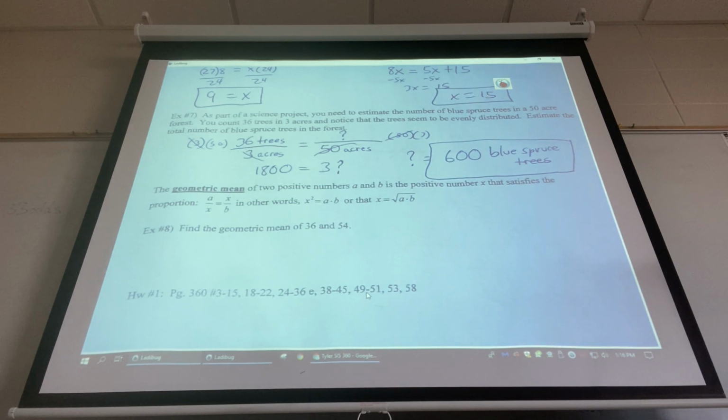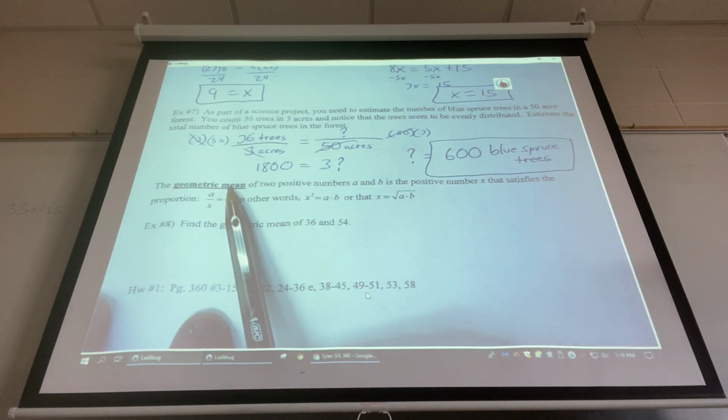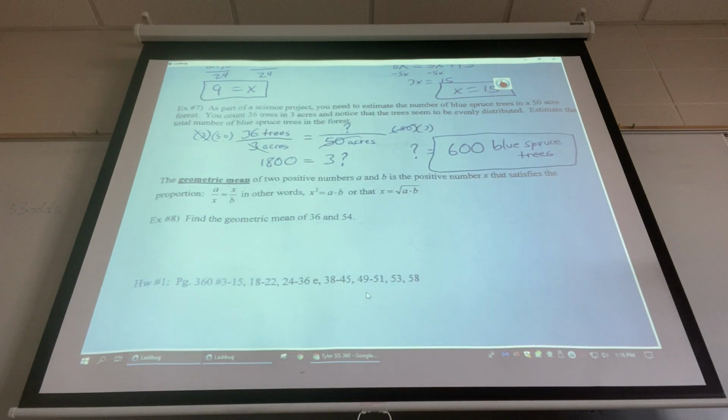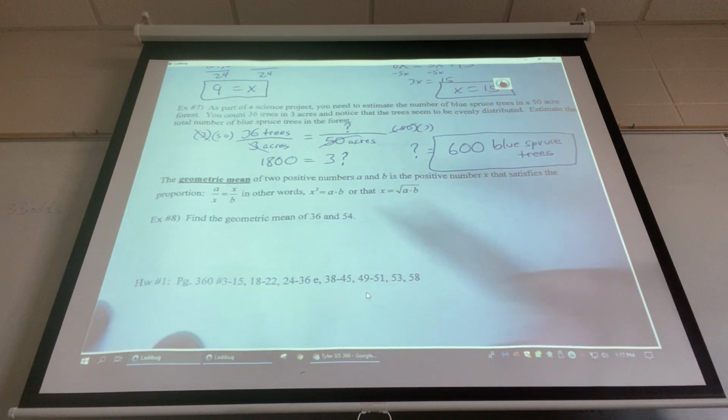Okay. Next up is something called geometric mean. Now, have you guys heard of geometric mean before? Yes. No, okay, all right. Well, I honestly didn't hear much about it. I think I did learn about it in geometry, but all they told me was this part.